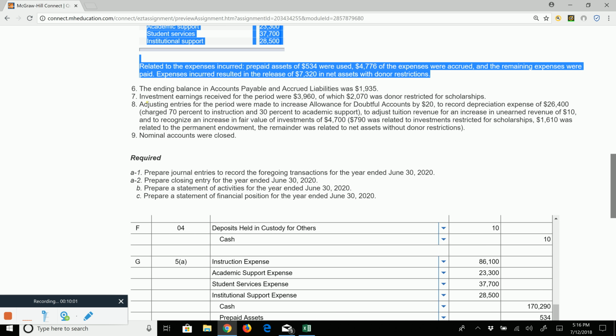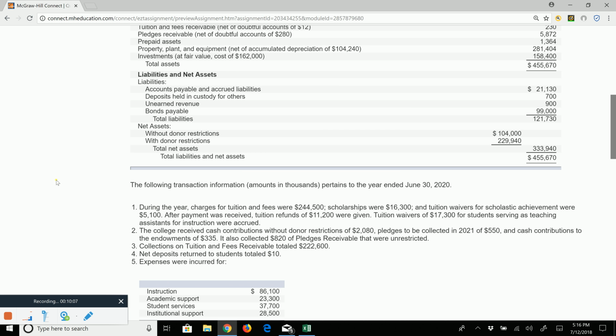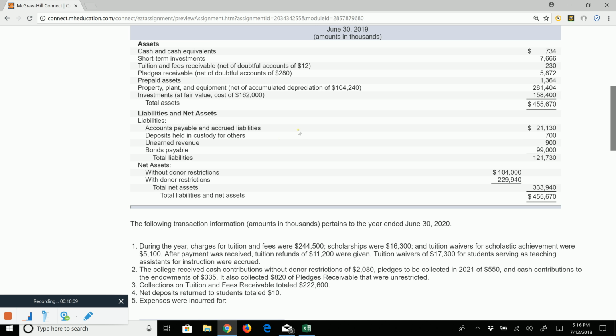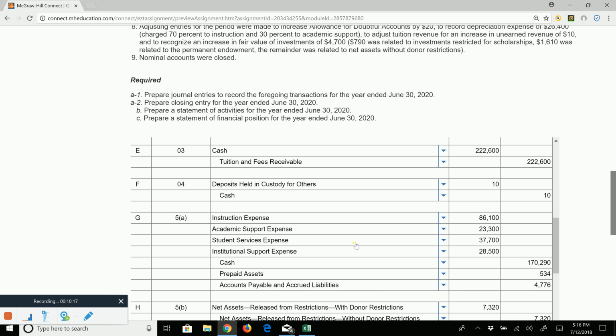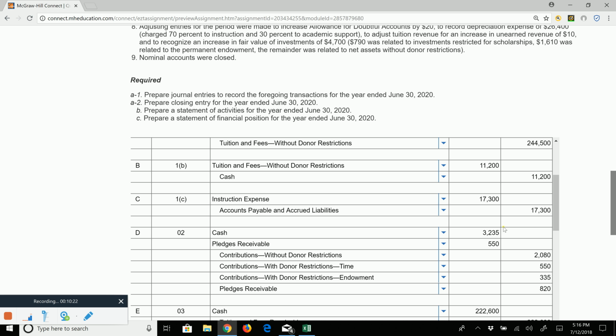All right, number 6, the ending balance in accounts payable was $1,935. So basically, we need to do a little math. The beginning accounts payable and accrued liabilities is right up here. That was their starting point, $21,130. And what did we do? It looks like we increased it here in 1C for $17,300.